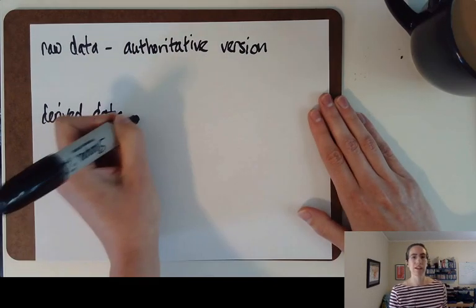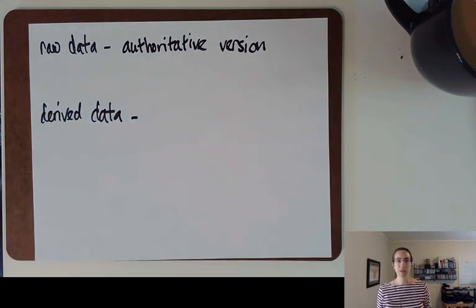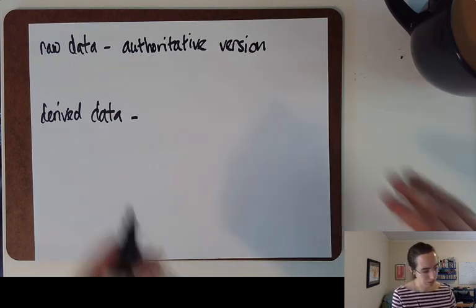And derived data is the result of taking some existing data and transforming it or processing it somehow.